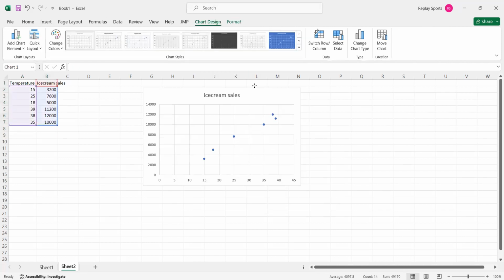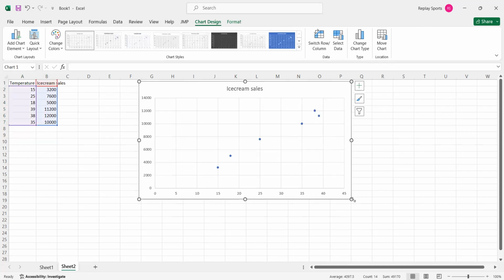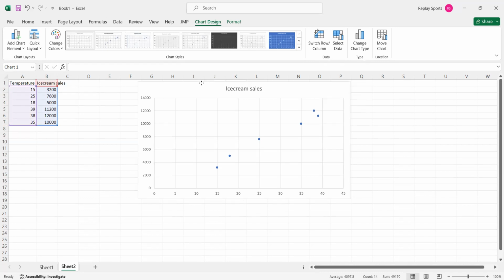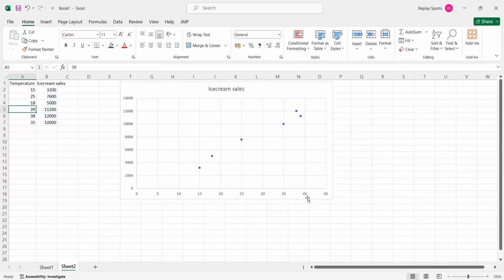Okay. So see this. So what Excel has done: on the x-axis, we have temperature. 0, 5, 10, 15, 20, and so on. Because the maximum value was 39, it went up to 45 degrees.